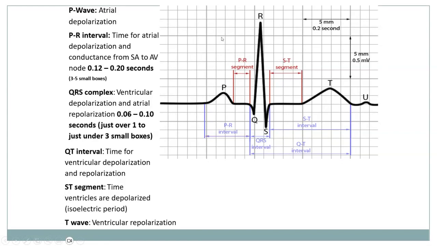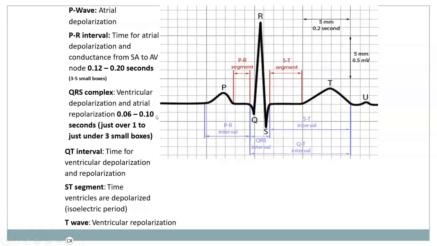We explained that we have big boxes and small boxes: 1, 2, 3, 4, 5. And the QRS duration, the ventricular depolarization, should be 0.06 to 0.1 seconds, and so on.